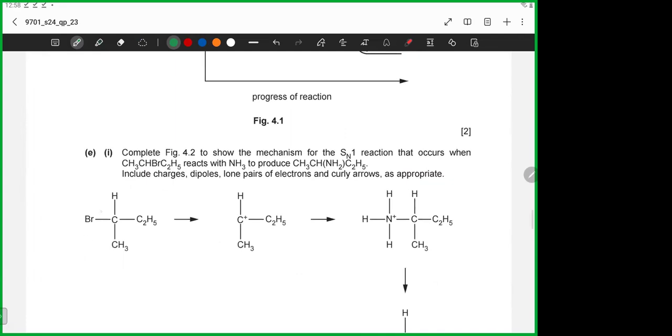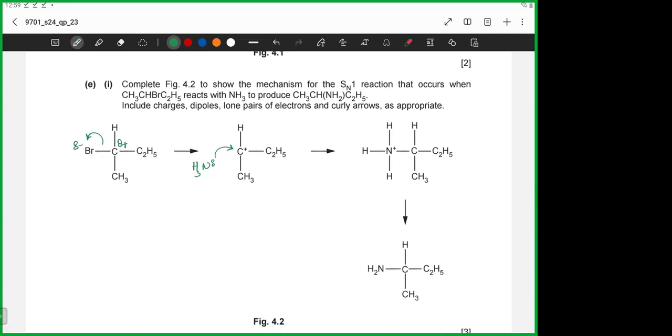So complete and show the dipole. The first thing that happened was that the Br would break away, right? So the carbon was positive and the Br was negative. And then who's the nucleophile? The nucleophile, I think, is NH3, right? It would go and attach.